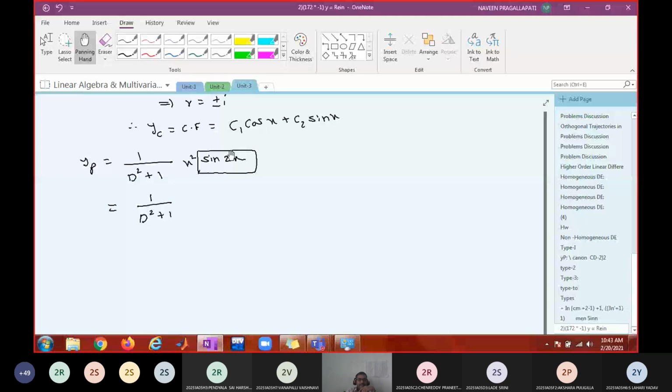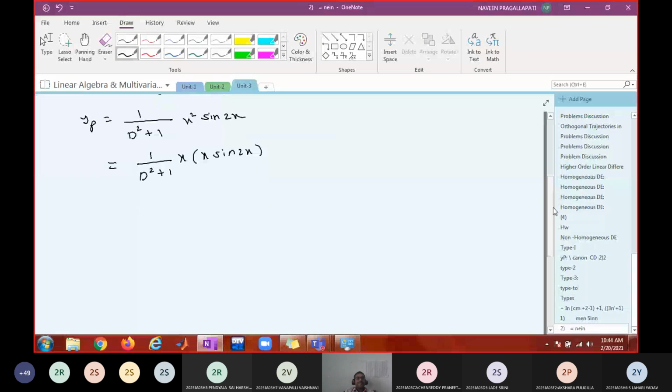At most you can write it as x into x sin 2x. Can I write like this? In this case, what is v? v is x sin 2x. So recursively apply the type 7 formula.